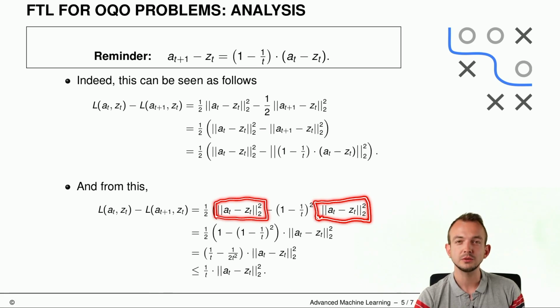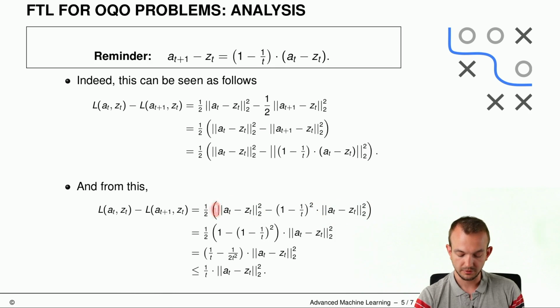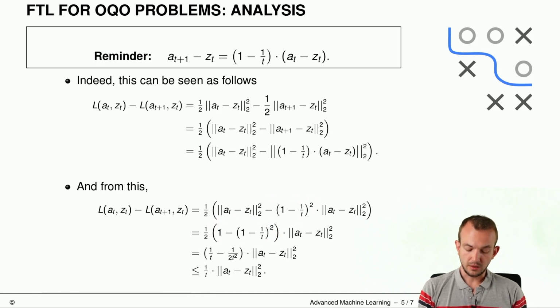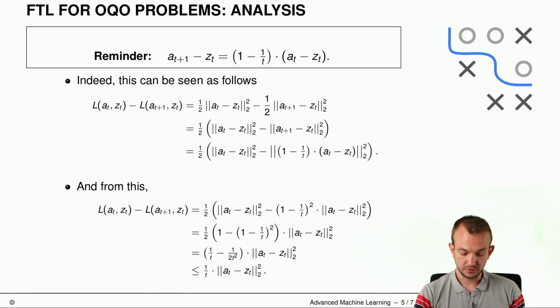And again, we can use the law of distributivity. So here we have a factor of 1, here we have the factor of minus this squared term, and we can collect it into this term. And now with a bit of binomial formula calculation, we see if we calculate this here more explicitly, we arrive at the term 1 over t minus 1 over 2 times t squared.